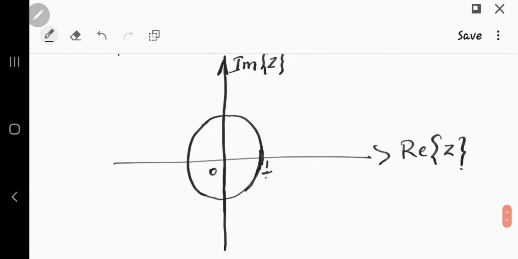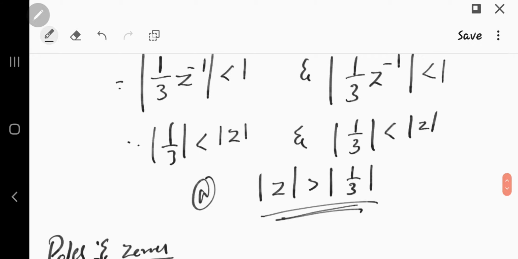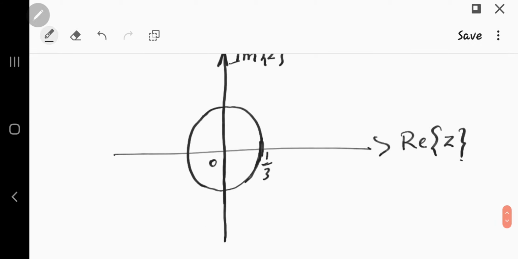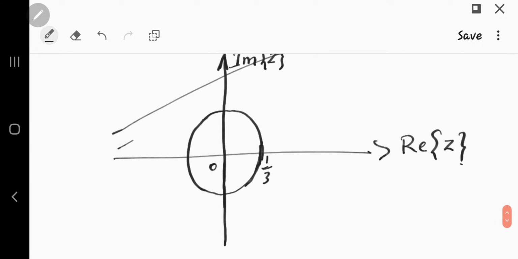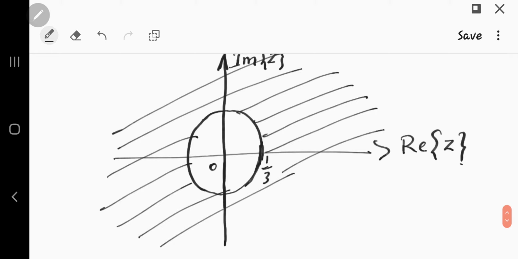Now the ROC will be outside the circle because the magnitude of z is greater than 1 by 3. So this is the ROC.